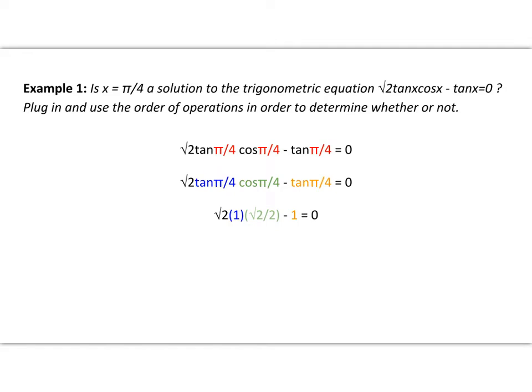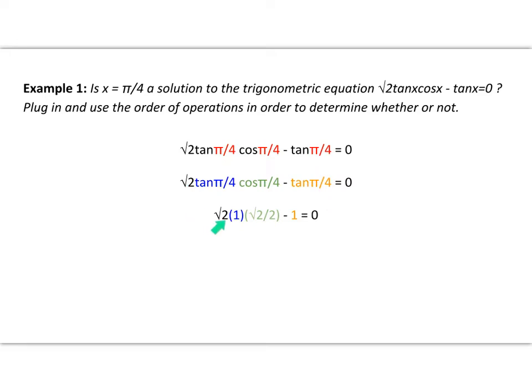When we plug in pi over 4, I want you to look at the trig functions as being attached to those values. So we're talking really about tangent of pi over 4 and cosine of pi over 4, and then again tangent of pi over 4. And just use your knowledge of the unit circle to evaluate those expressions.